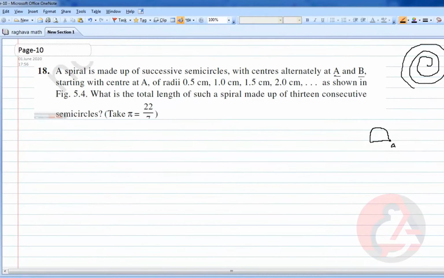See, this is 0. With this center it started. This is B. So the second semicircle will be like this. The third semicircle will have the center as this one. The third radius is 1.5. 1.5 means this is a whole 1 and this is 0.5. 1.5 centimeter is the radius for the third semicircle.